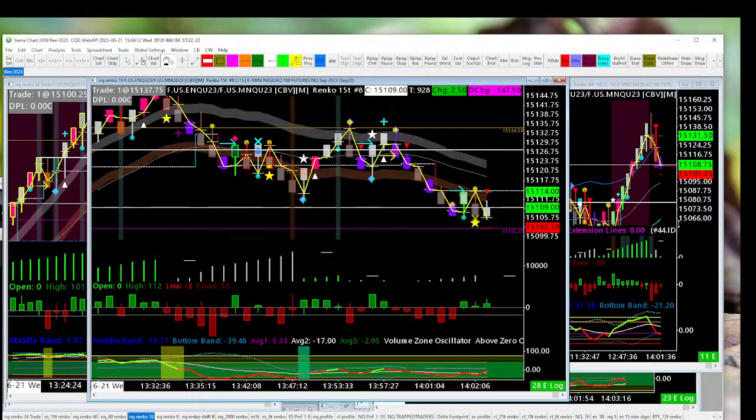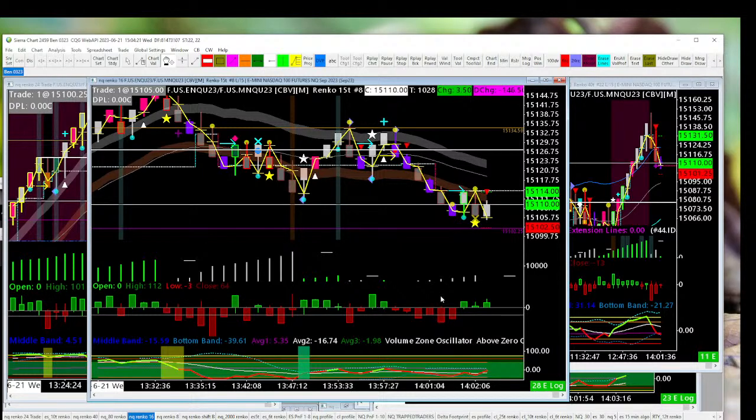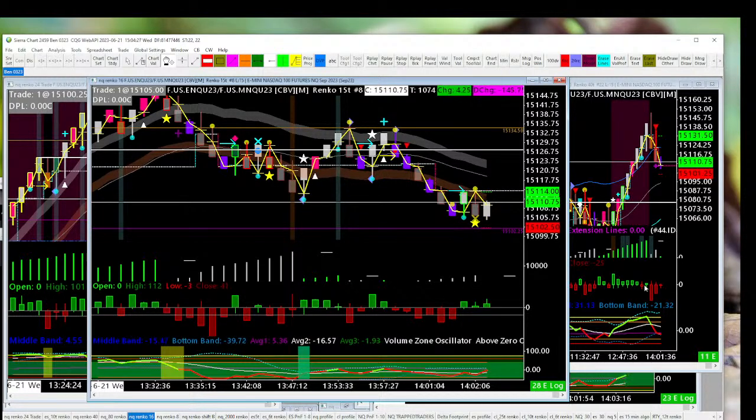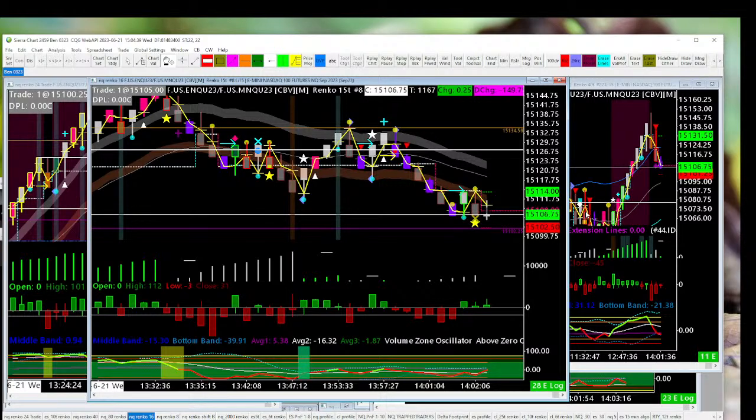They're going to be more significant when we find them on a higher time frame than on a smaller one. But because we want to manage risk appropriately, I can't just say, oh, there's a big red bar at the top on a 40 tick, so I'm just going to sell, because I can't put a 40 tick stop on futures. That's just not going to work.